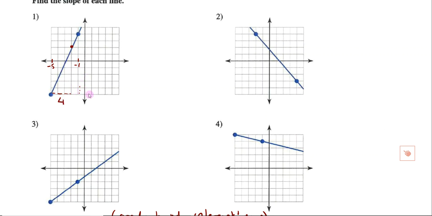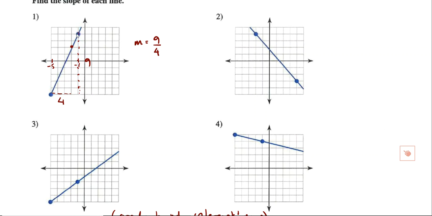And my rise is 1, 2, 3, 4, 5, 6, 7, 8, 9. So m is 9 divided by 4. Wait, what? Wait, that's 1, 2, 3, 4, 5, 6, 7, 8. How did I get 8 over? I don't know.